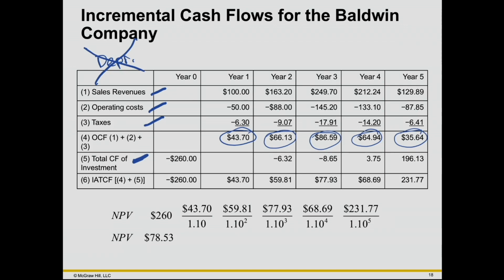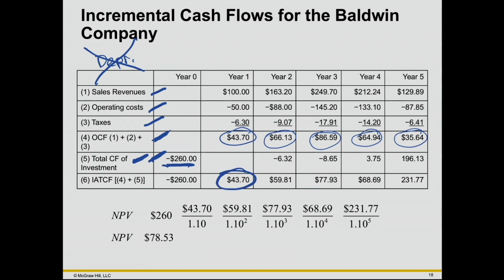Okay. Now we're going to sum lines 4, that's right here, and 5, right here. So we've got that $260,000 expense here. And that comes down. That occurred at time 0, so we don't have to discount that. That's already present value. Year 1 is 4370.